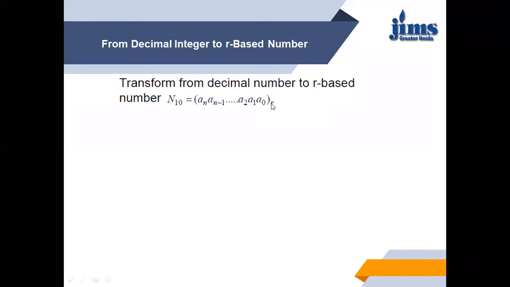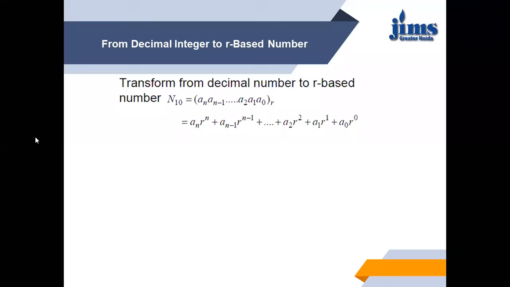Base r may be 2 for binary, 8 for octal, or 16 for hexadecimal. The algorithm I am going to discuss is in a generalized form. You may find it a tough algorithm, but when we solve some examples, it will be very easy. Now suppose we have a number n in base 10, and we have to find the coefficients a0 to an if the number is an integer.